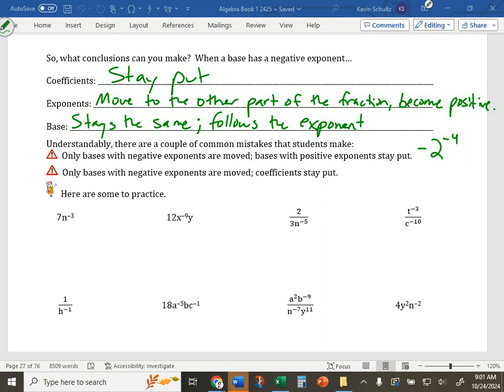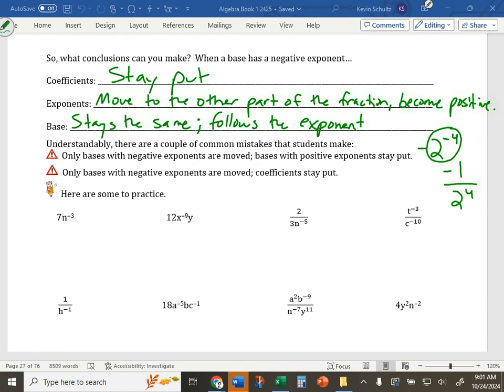No. So what you'd move is this part right here. That would move to the denominator of a fraction, and you'd be left in the numerator with a -1. So that negative sign wouldn't move. It's technically a coefficient, not part of the base, so that would stay. But the exponent would move to the other part of the fraction and become positive.